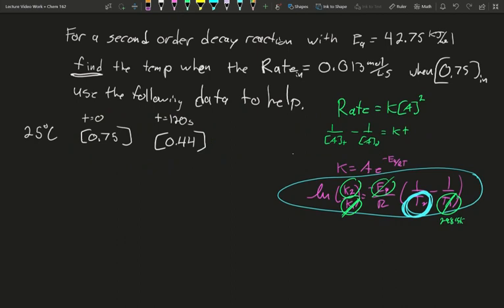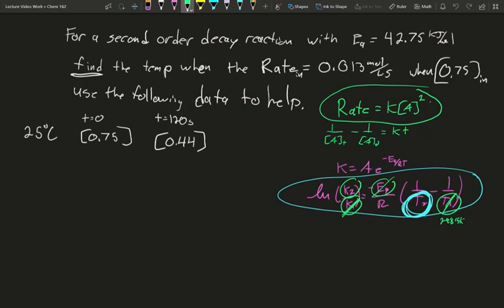How do we get K at the other temperature, the one we're trying to solve? Well, remember that our only equation that directly involves rate doesn't mention temp. It is dependent on the temp, but that's accounted for in the K value.